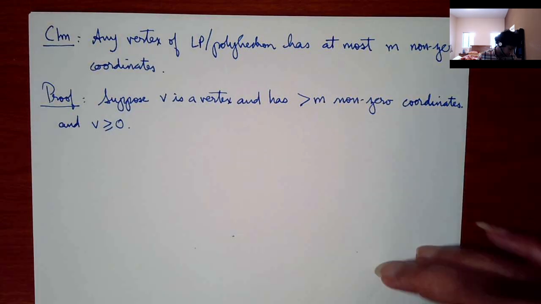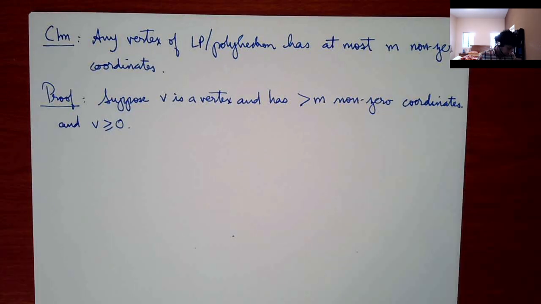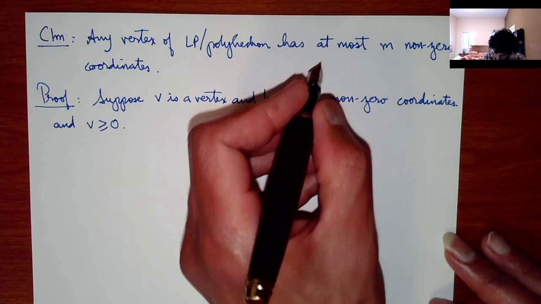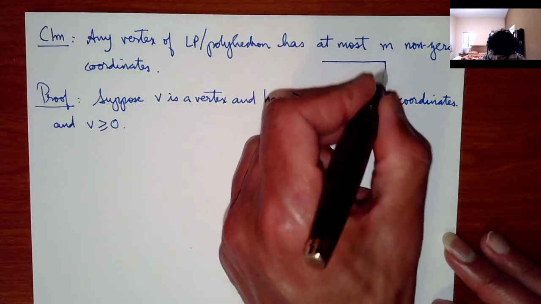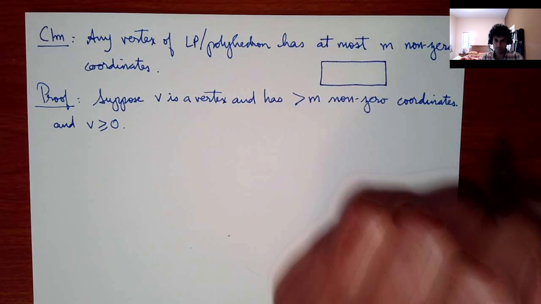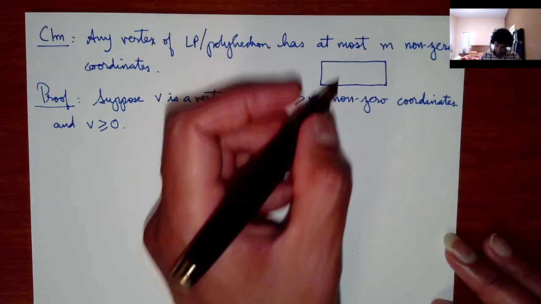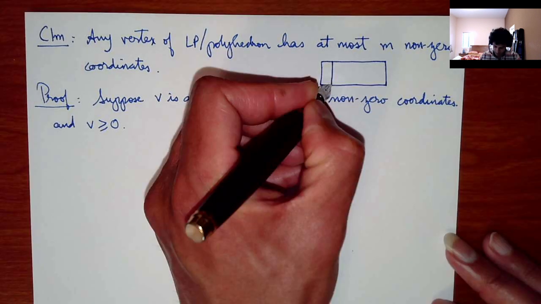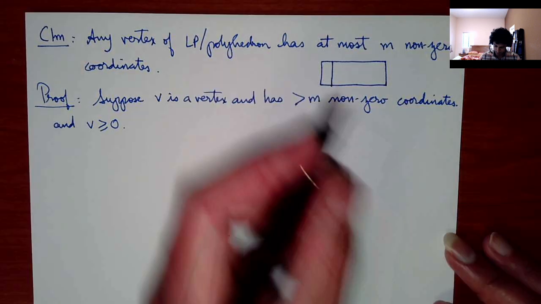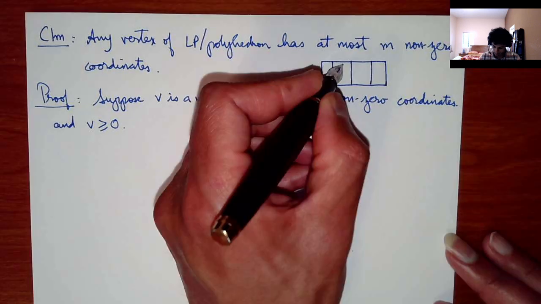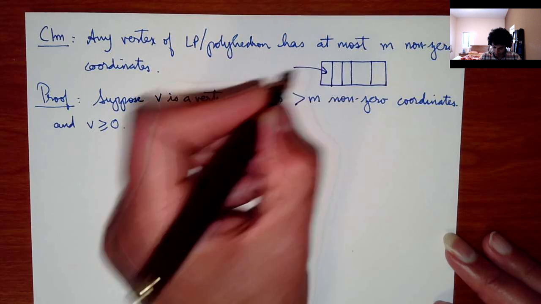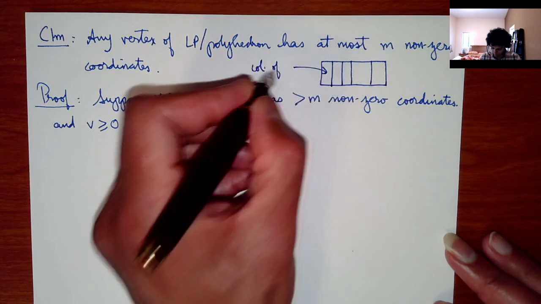I think it's useful to draw the picture here. What I claim is, because there are more than m non-zero coordinates, let me look at the corresponding columns of those coordinates.